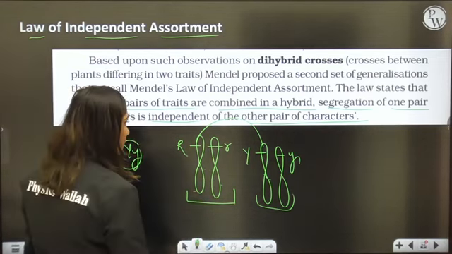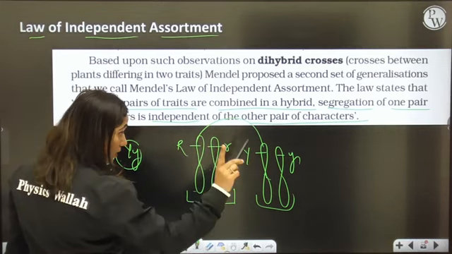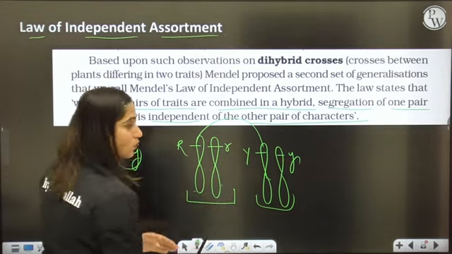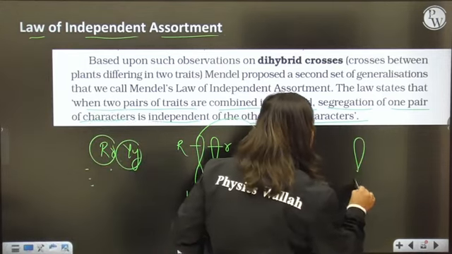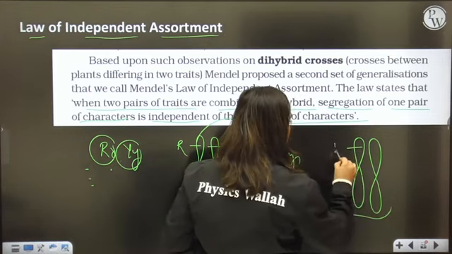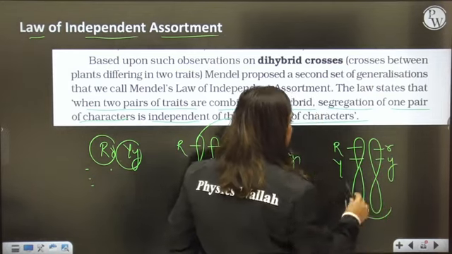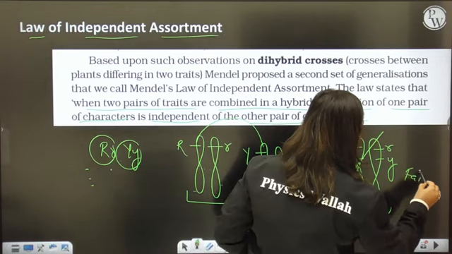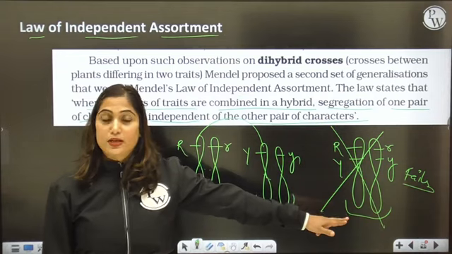So what I'm saying is that independent assortment can be seen only when they are present on different non-homologous chromosomes. If they are present on the same chromosome, then independent assortment fails.